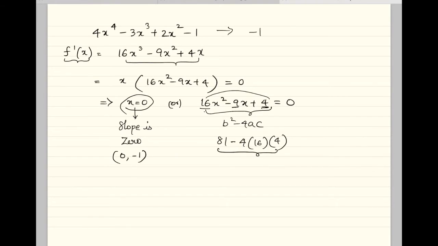So obviously this will be less than 0, right? Because this is 64 into 4, that will be greater than 81. So discriminant is less than 0 means you will not get any real roots. That means you have only one value of x at which f dash of x is 0. So f dash of x is 0 only for x equal to 0. Okay, so that means only at this point the slope is 0.